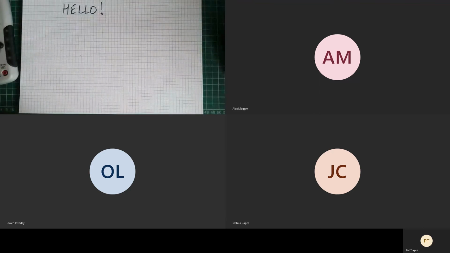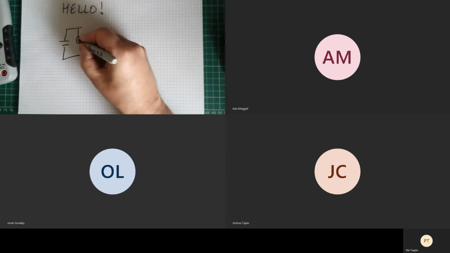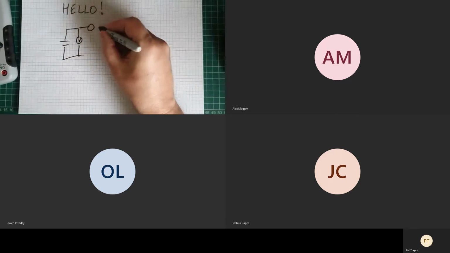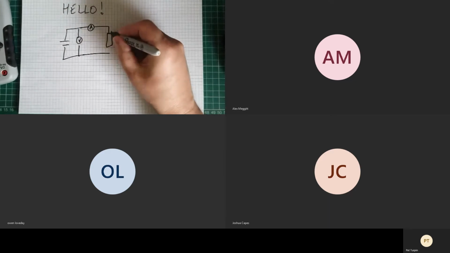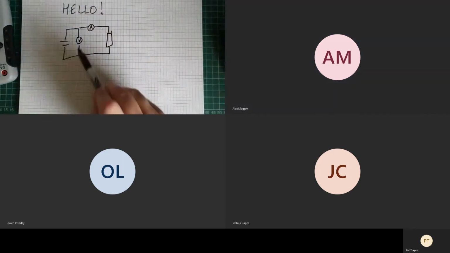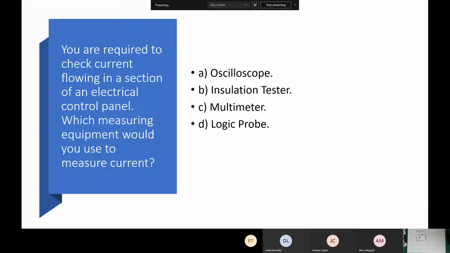So, if we've got a supply, we would measure the voltage across the circuit, and we would measure the resistance in series with the circuit. Okay? It's coming back now. So the correct answer there would be a multimeter.